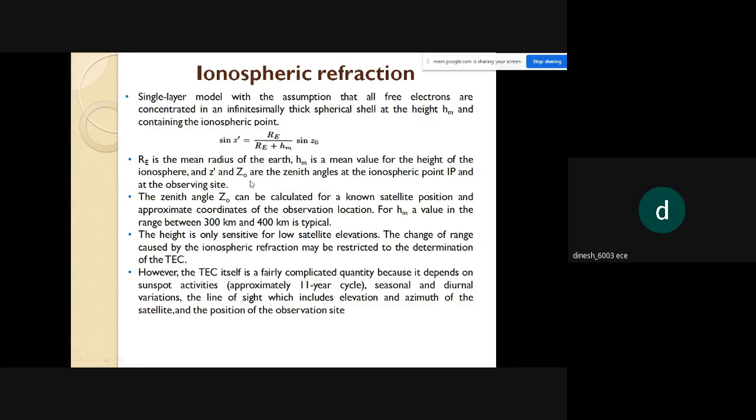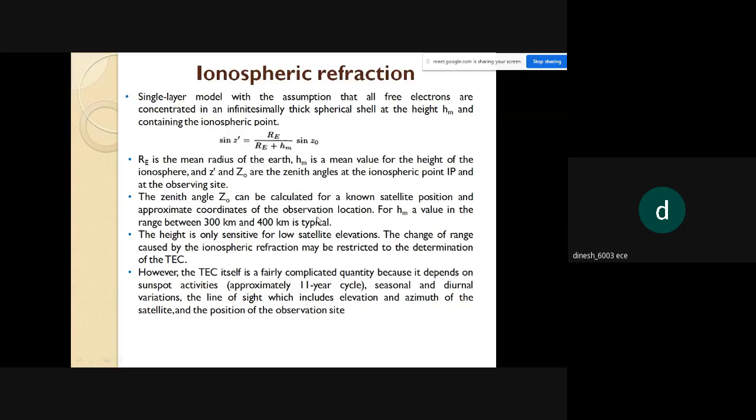Z naught is the zenith angle at the observing site, Z dash. So this zenith angle Z naught can be calculated for a known satellite position and approximate coordinates for the observation location. So for example, for Hm, a value in the range of 300 kilometer to 400 kilometer is typical.